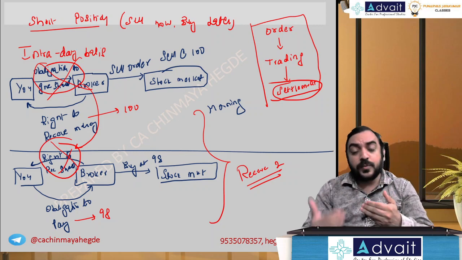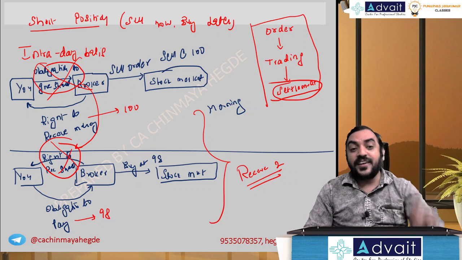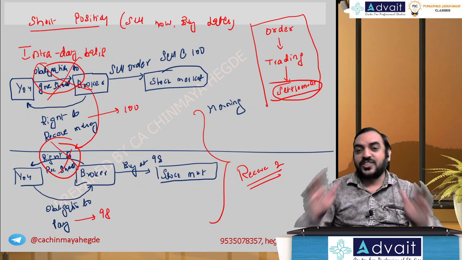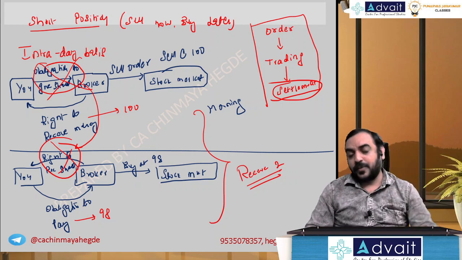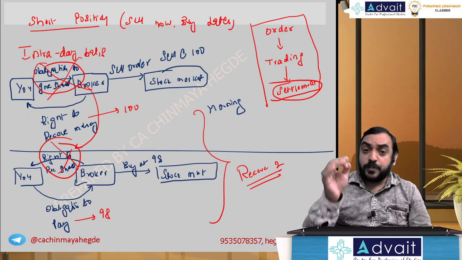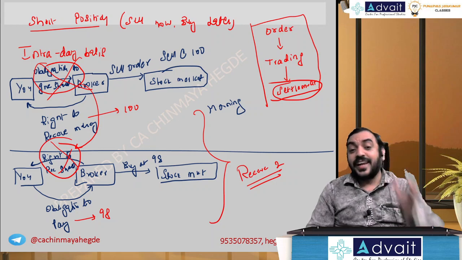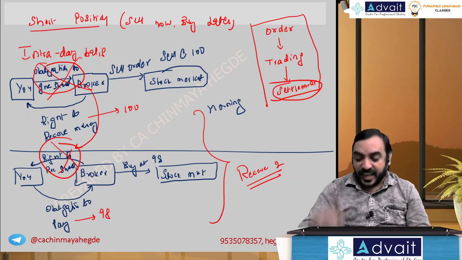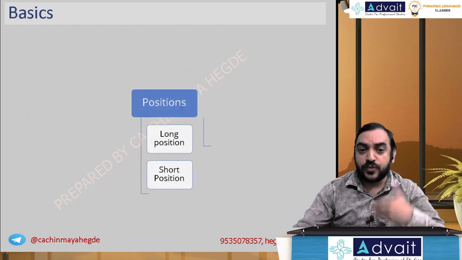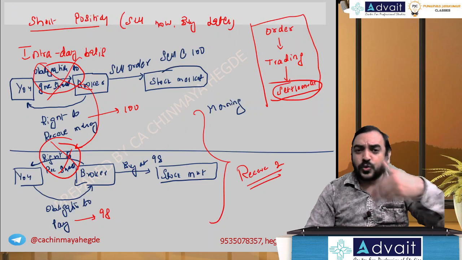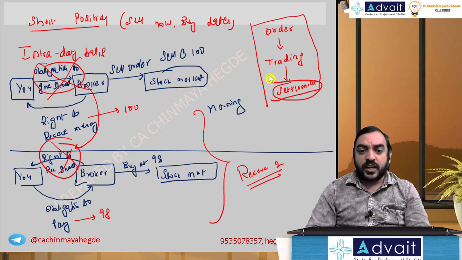Now, is it possible to do beyond an intraday? Short position in India is not allowed for retail people. For institutional people, it is allowed. That's called the stock lending mechanism. Let me explain that. Maybe that should give you a little bit more clarity. That you should write down. This is only for practical purpose, not required for exam.